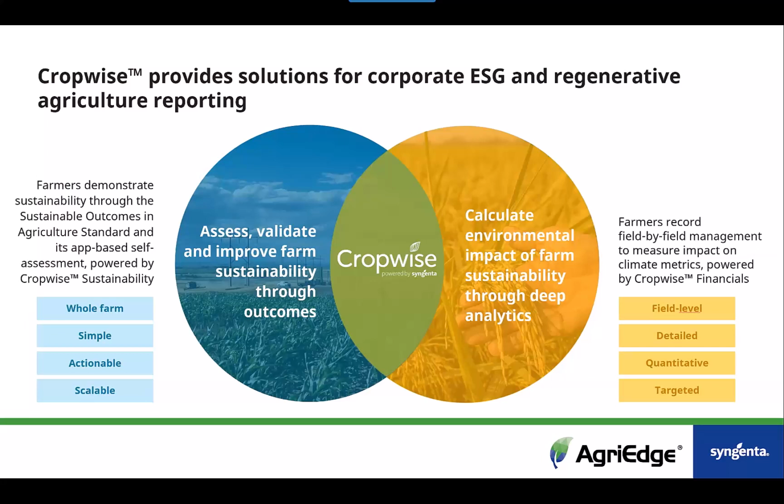So the SOA assessment is an app-based assessment powered by CropWise Sustainability and can be completed within the CropWise Sustainability app. The app is available for download for both iOS and Android devices.